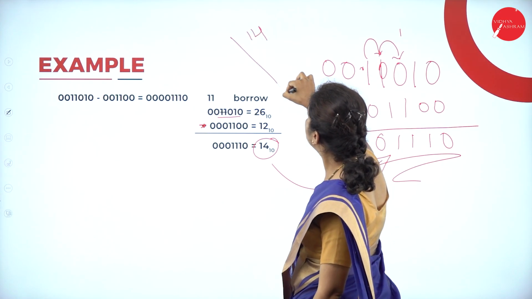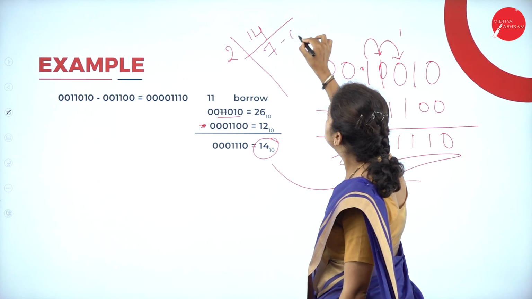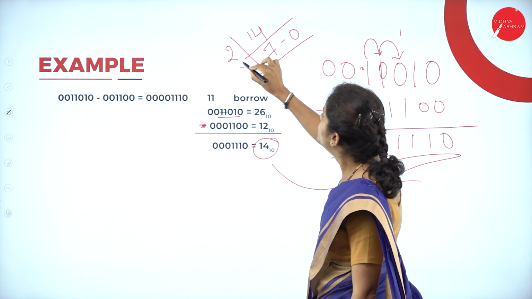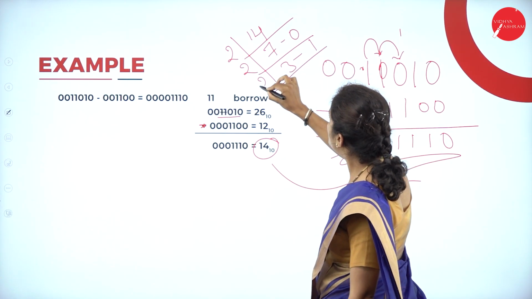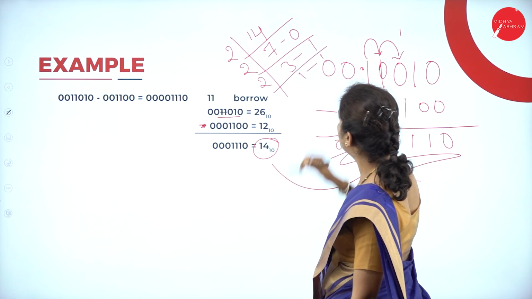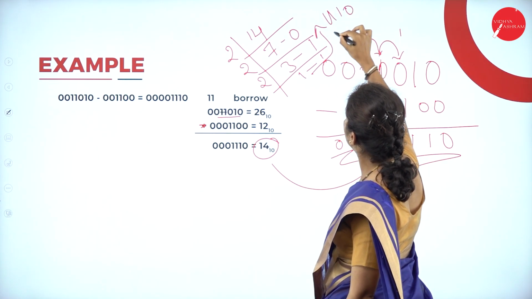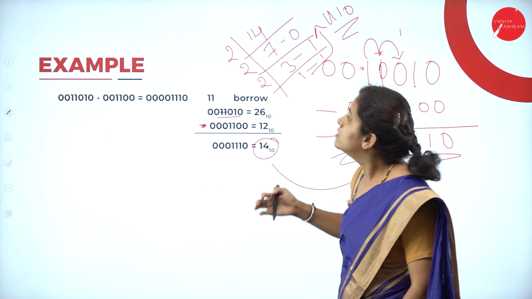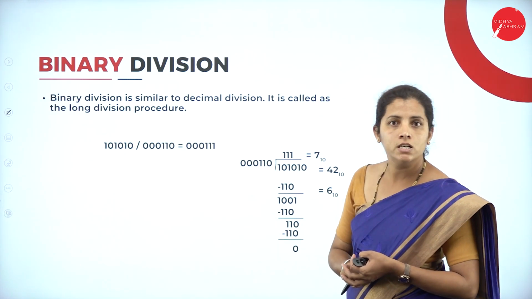That is 14 divided by 2. 2 sevens are 14, remainder is 0. 2 threes are 6, 1 is remainder. 2 ones are 2, then 1 remainder. So it is 1, 1, 1, 0. Is it correct, right?